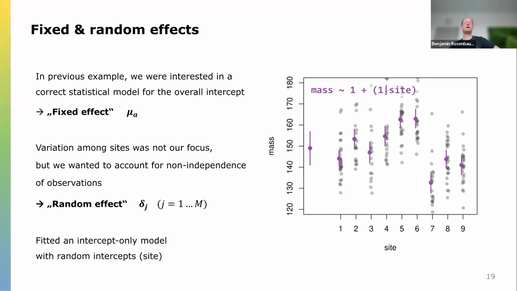Okay, so we continue. We can also have mixed effects models, which usually denote models where we have not only random effects, but also other effects. The terminology is not always so clear.